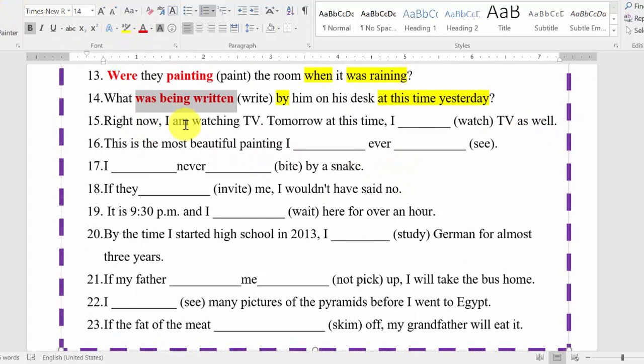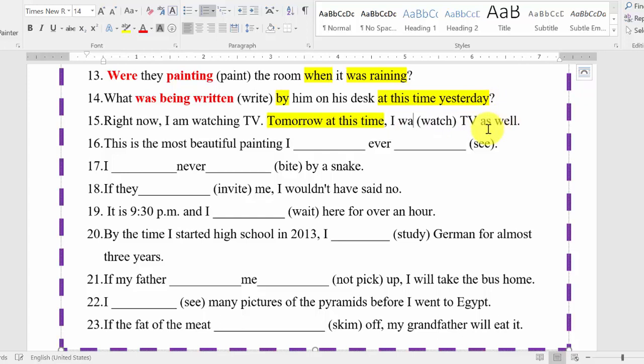Okay, next one, 15. Right now I'm watching TV. Tomorrow at this time I watch TV as well. As I told you before, you need to be very careful with tenses. You cannot just highlight any time that you see in the question. Your blank is in this sentence, so you should look for your keyword in this sentence as well. Tomorrow at this time, a specific time in the future, we should use future continuous tense.